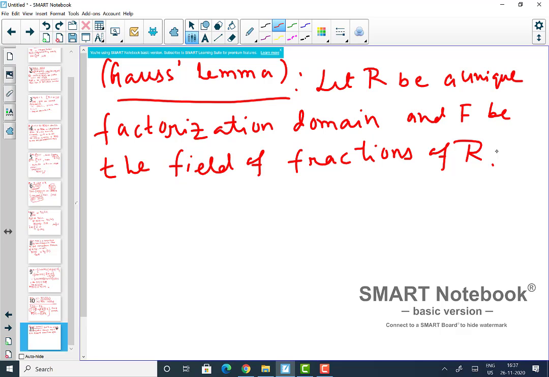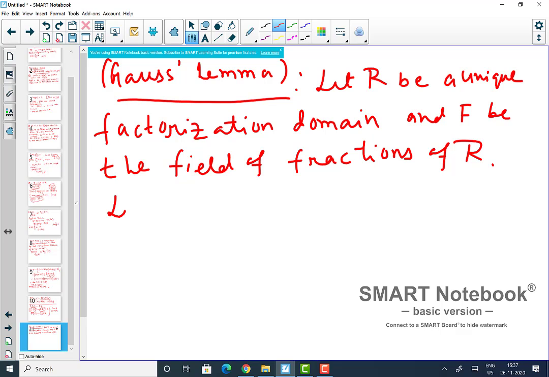That means the smallest field containing R. So whatever non-zero elements of R are not invertible, they become invertible inside F.